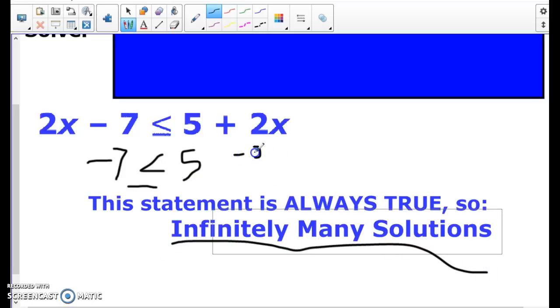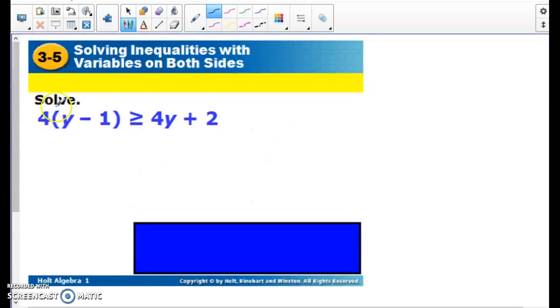Okay, see, I would subtract 2x here. That would cross off. Subtract 2x here. That would cross off. So I'm really left with just this. Okay, kind of the same thing here. I would have 4y minus 4 is greater than 4y plus 2.